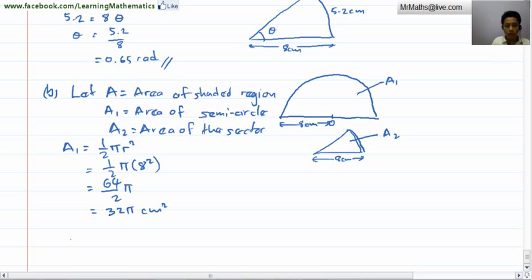And A2 is the area of the sector, which is half r squared theta. So it is half, r is 8 squared, theta is 0.65.